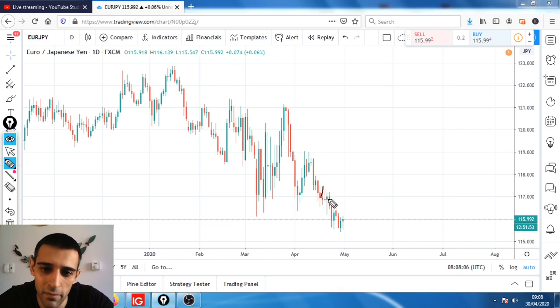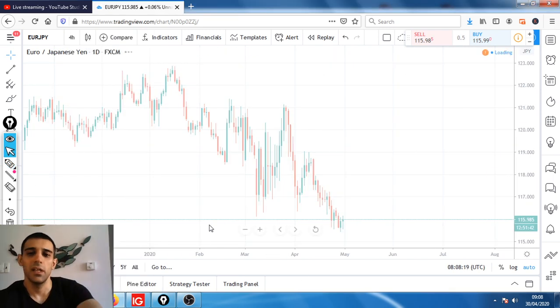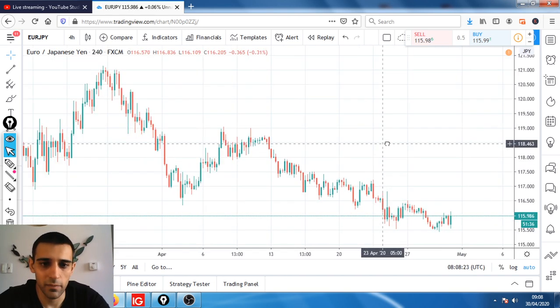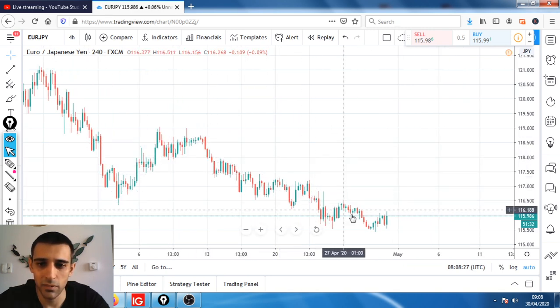Pretty much every candle has a wick, except this one. It's looking good. It's a small wick, but it just doesn't look good, and especially on a 4-hourly time frame, it looks even worse. Daily is not even that bad, but on a 4-hourly time frame, I don't like the structure of the candles.